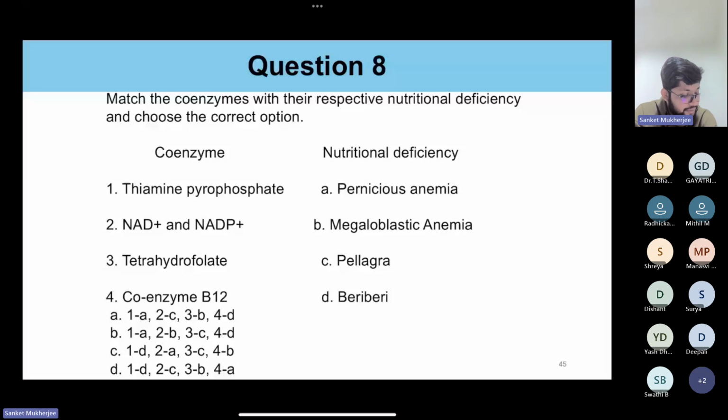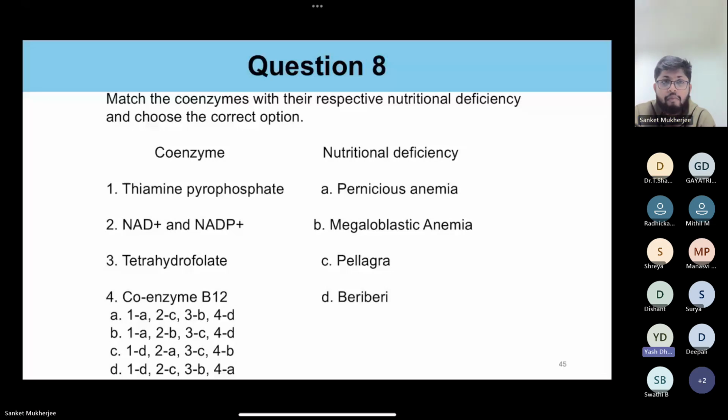Match the coenzymes with their respective nutritional deficiency and choose the correct option. Thiamine pyrophosphate, NAD plus, NADP plus, tetrahydrofolate, and coenzyme B12. And the nutritional deficiencies are pernicious anemia, megaloblastic anemia, pellagra, and beriberi. Again, we have discussed this in today's lecture as well. What would be the option? A, B, C, or D?